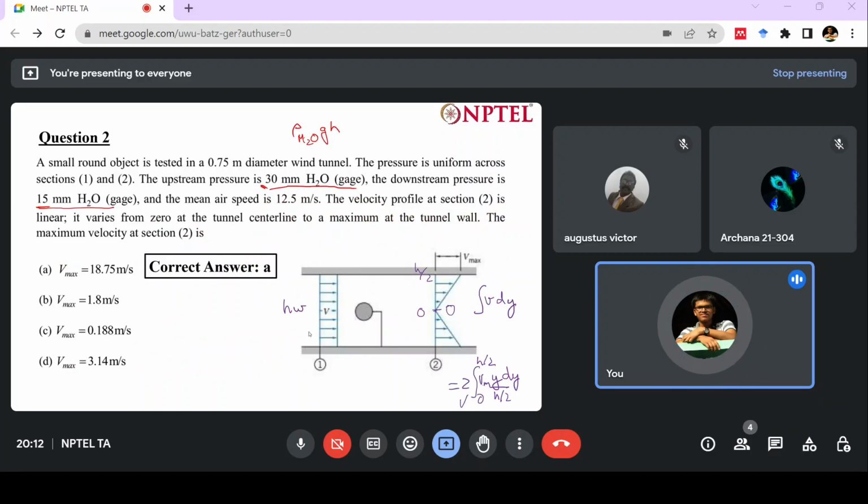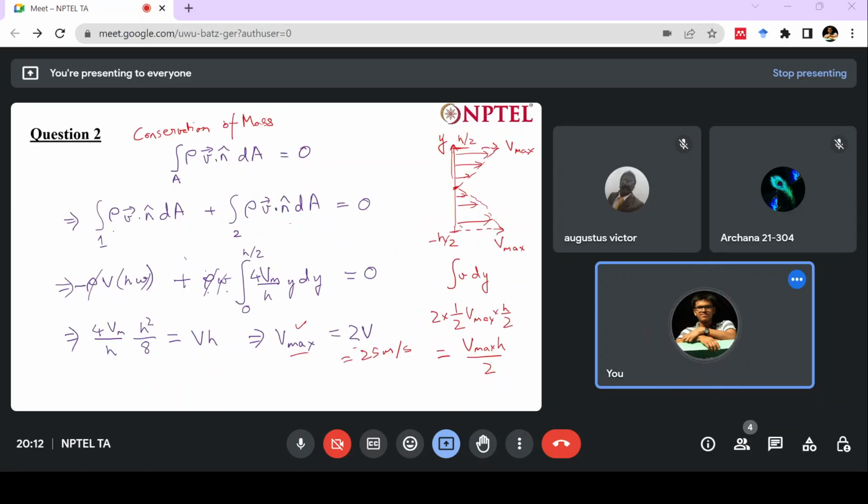So for V square dy, if I come back here, and now I have to solve for V square dy, what will happen? From 0, V is basically a linear function. So this is y into V max divided by h by 2.